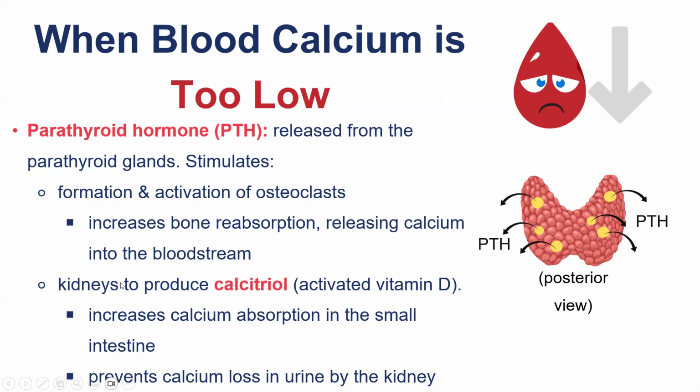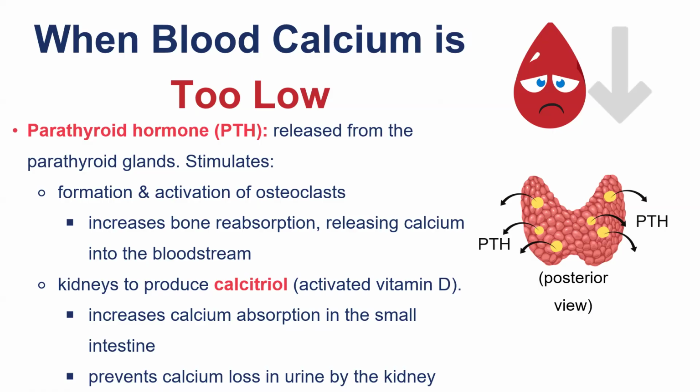Kidneys also kind of help with this in response to parathyroid hormone, and they'll produce a substance called calcitriol. Calcitriol is the active version of vitamin D. So we talked about the start of our vitamin D pathway with UV light in the skin, and eventually our kidneys are what actually produce this calcitriol at the end of that pathway.